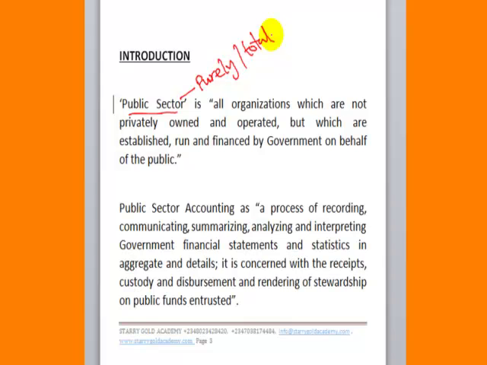So we're saying that public sector as it were is all organizations which are not privately owned and operated.